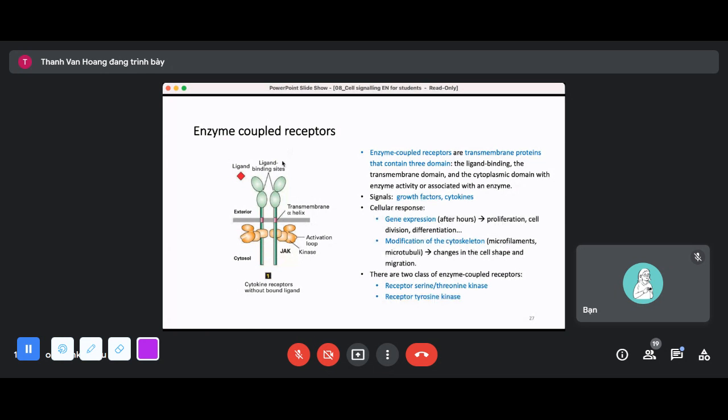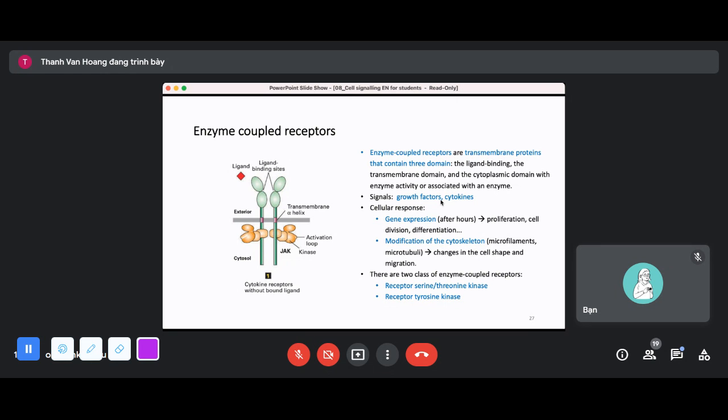So how does the enzyme coupled receptor become activated? We have a signal, as I said, growth factor or cytokines. The growth factor binds to its receptor on the cell surface.